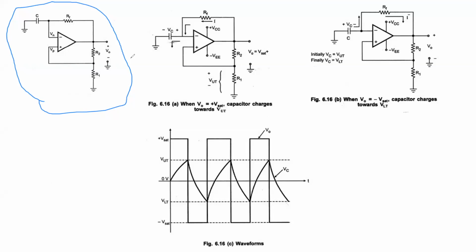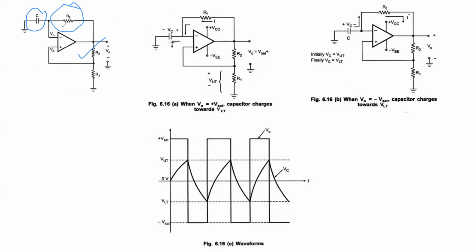Okay. So it looks like your Smith trigger circuit, except the input voltage is replaced by the capacitor voltage. Here, this astable multivibrator has time dependent elements, R, C, which produce the frequency of oscillations.